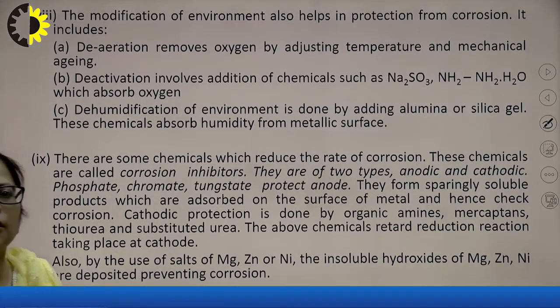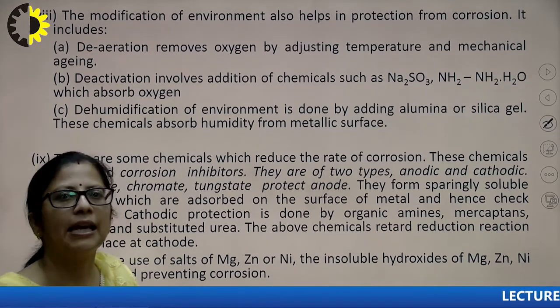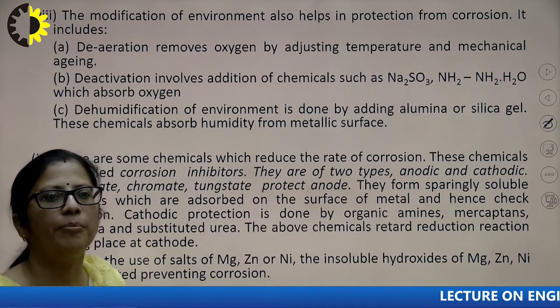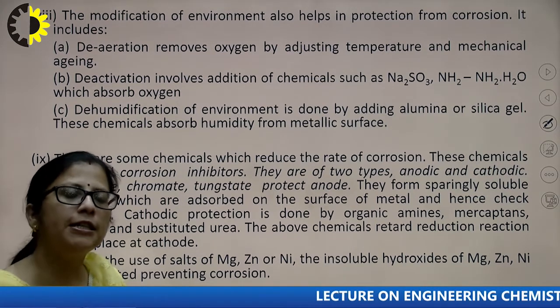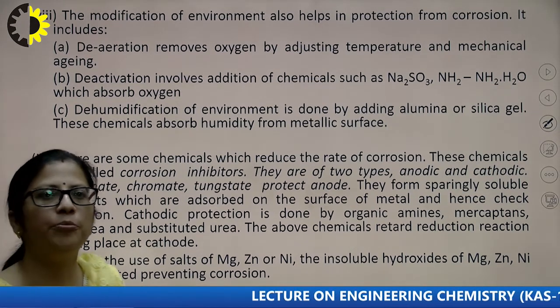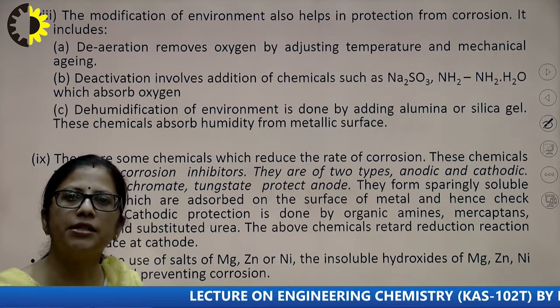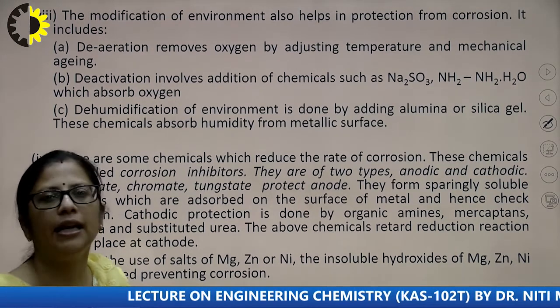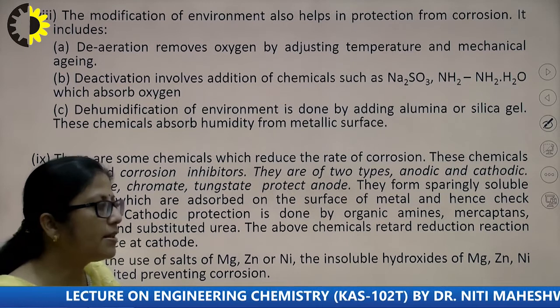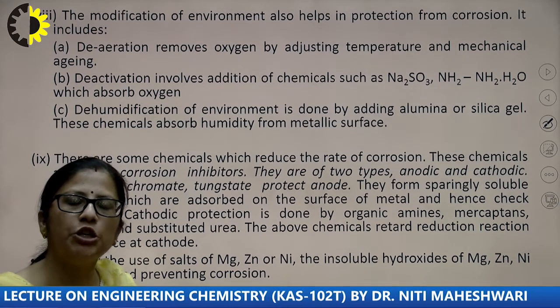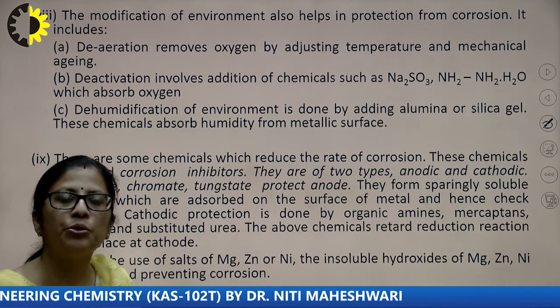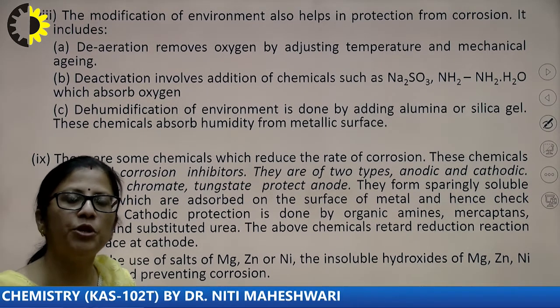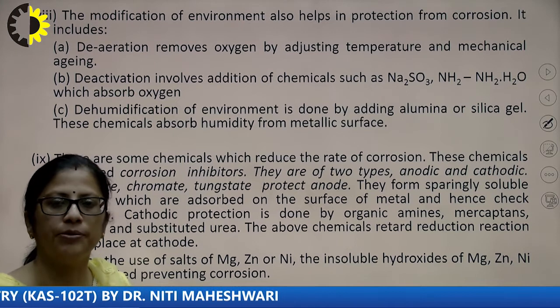Then the modification of the environment helps in protection from corrosion, and modification includes, first, de-aeration, which removes oxygen by adjusting temperature and mechanical agitation. The next, deactivation, involves addition of chemicals like Na2SO3 and hydrazine (N2H4) which absorb oxygen.